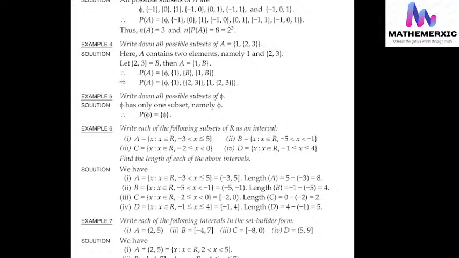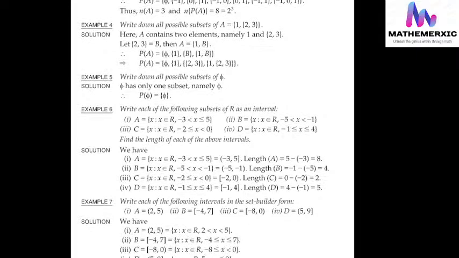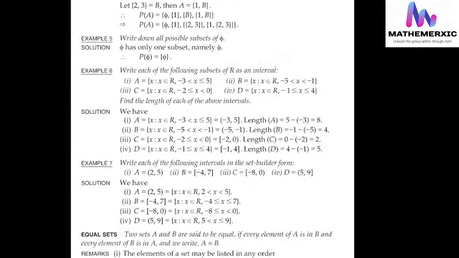So therefore the power set of phi will be only phi as the element here. How many elements are there? There are no elements. The same subset, that's why the number of elements is 0. That is the reason why we have 2 to the power of 0, that is 1.